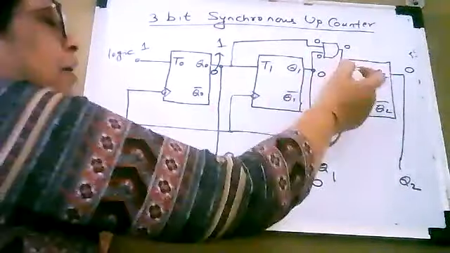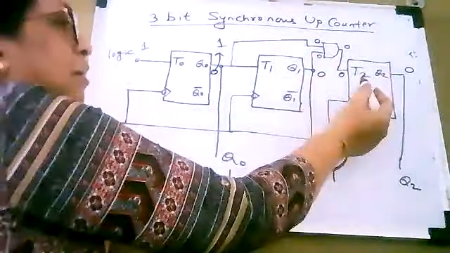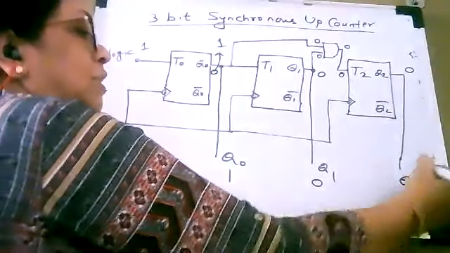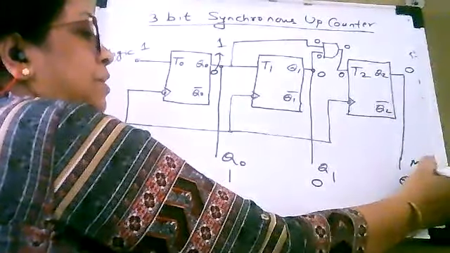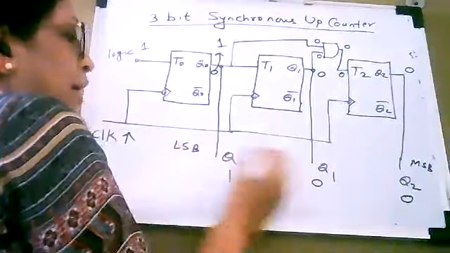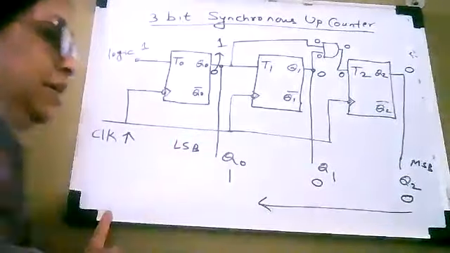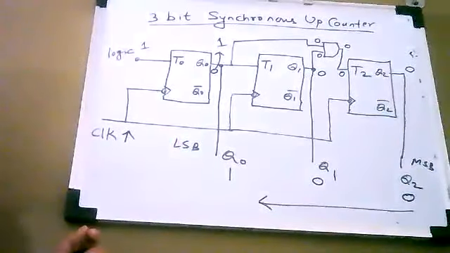Only Q0 is changing the state. The input of the third flip-flop is also 0, and therefore Q2 is not changing the state. Q2 is your MSB and Q0 is your LSB, so you have to read in this direction. After 0 0 0, we get the next count as 0 0 1.